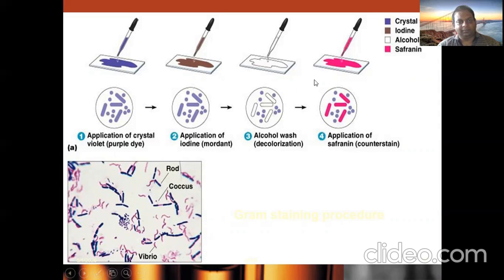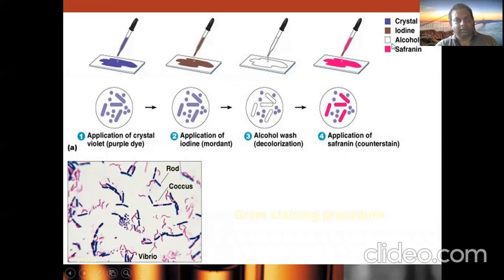Just to recall, once doing the crystal violet staining, if it is gram positive, it remains violet or purple. Then adding the iodine, Lugol's iodine, will further enhance this process because crystal violet is positively charged and iodine is negatively charged, so they trap within the peptidoglycan layer.